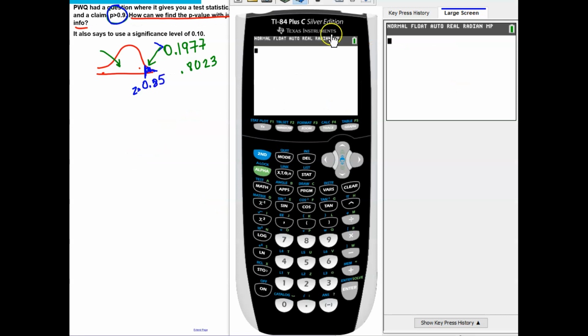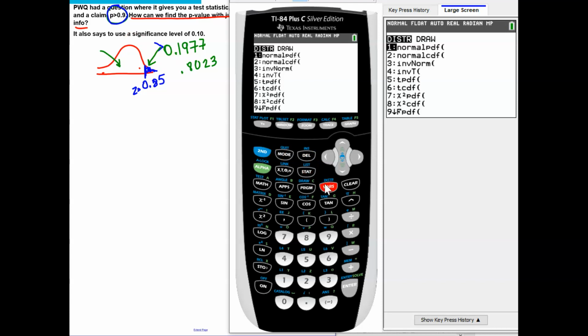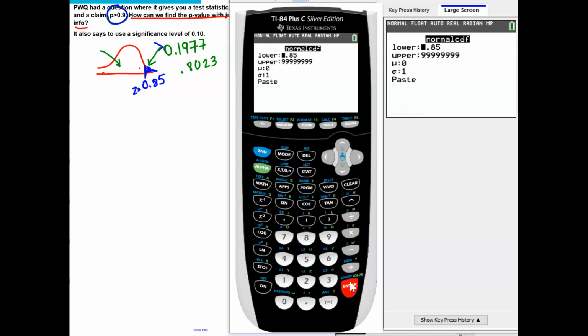Now let's look at how to find p-values using the graphing calculator. In the graphing calculator, we're going to go to second vars to get to distribution. Then we scroll down to normalcdf. Then we want to identify the lower and the upper limits.